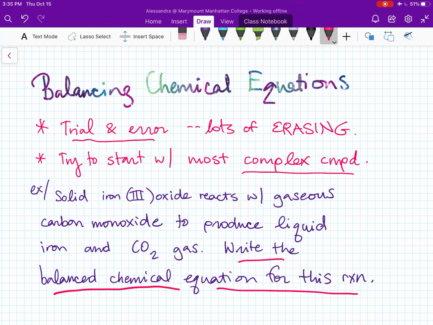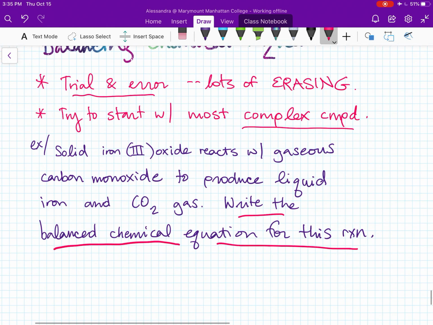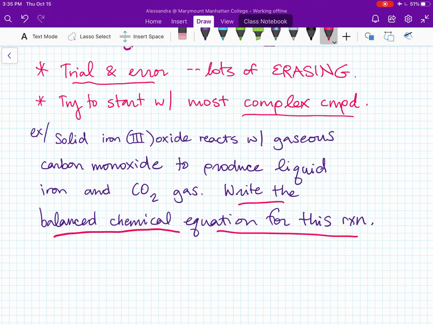So here we have to translate these words into a chemical reaction. So iron(III) oxide, we can write the formula as Fe2O3, and we know that it is a solid. I'm going to leave room for a possible coefficient before I write down the formula for carbon monoxide, and they told me that it's gaseous, so it gets a (g).